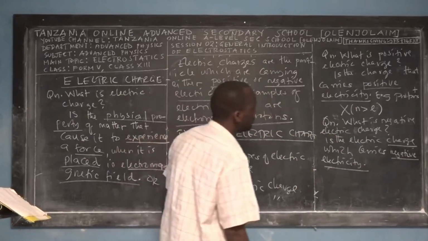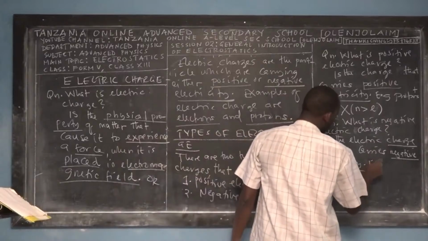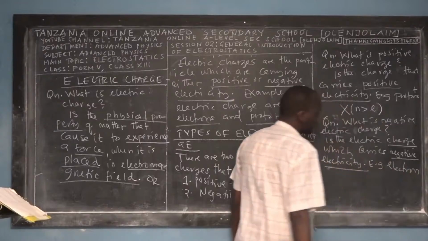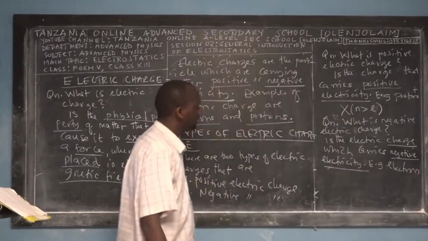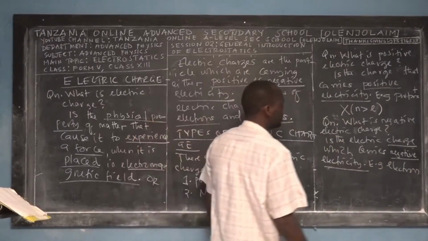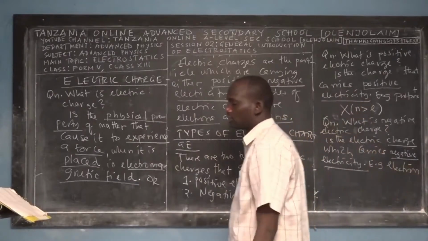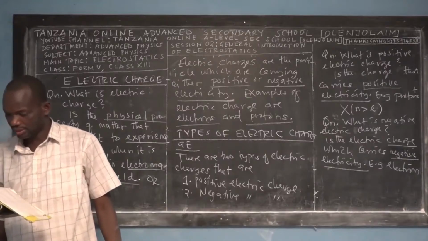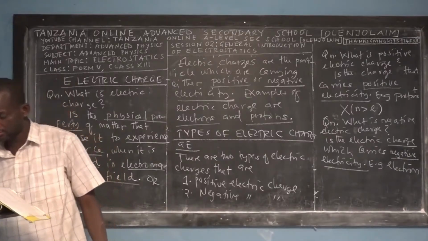The example of this is the electron. Electrons always carry negative electricity because electrons are negatively charged. So that's why we say that it carries what? Negative electricity.